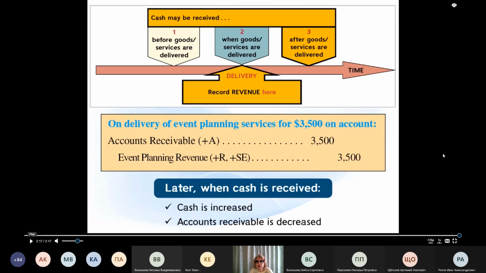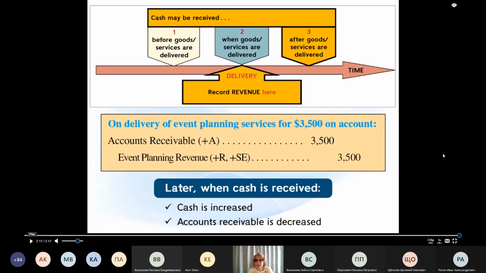If we get a cash payment before goods or services are delivered, on the first step, we should recognize unearned revenue, and then in the moment of delivery transfer unearned revenue into revenue. If the cash is received in the moment of delivery, then we should directly recognize an increase in cash and an increase in revenue, the simplest situation.